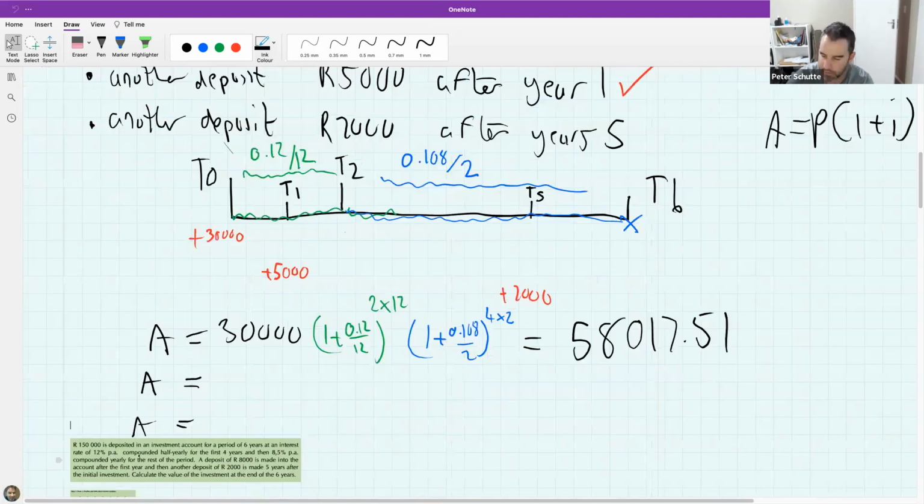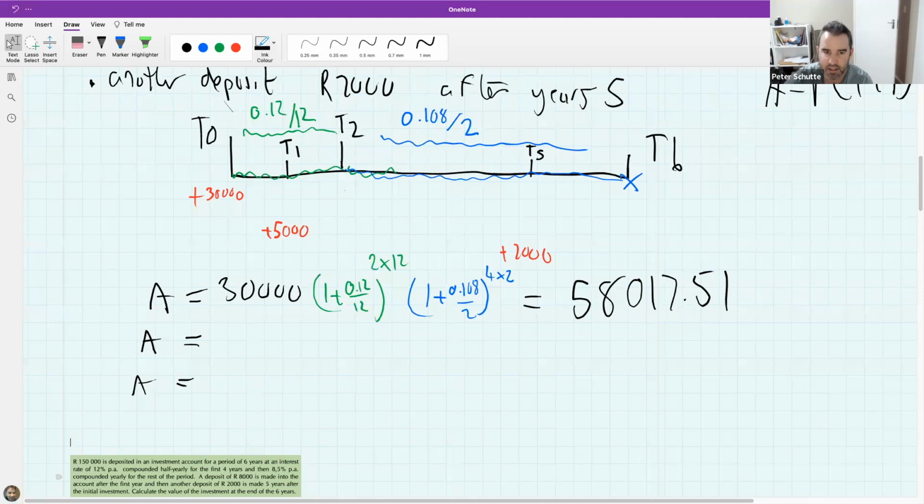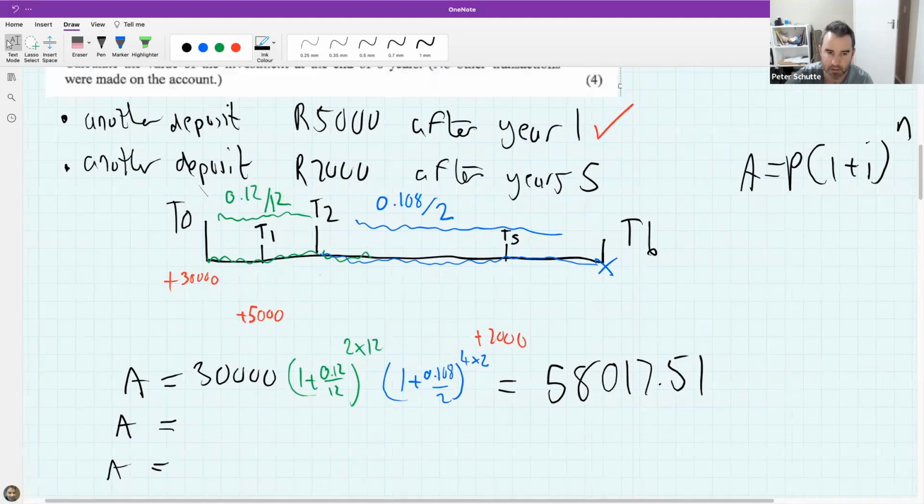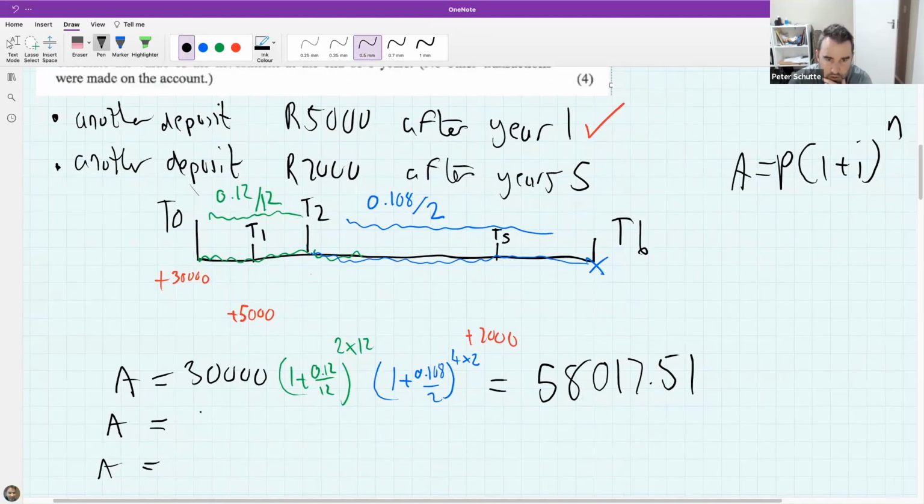That might make things a bit easier. So if you imagine, I still have a 5,000 that needs to grow, and I still have a 2,000 that needs to grow. I'm going to call this 1, 2, and 3.